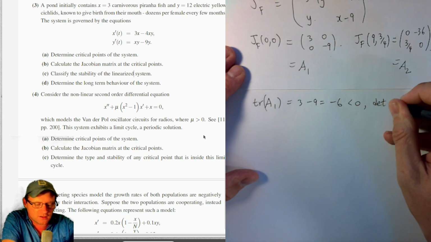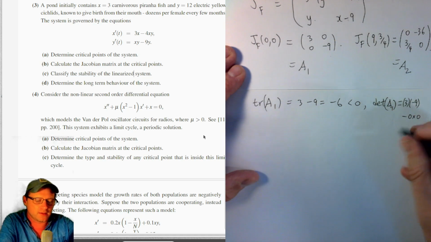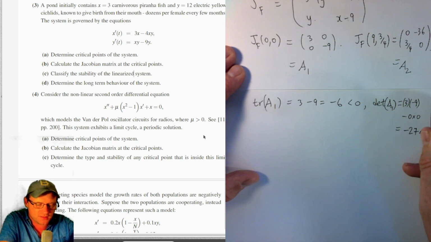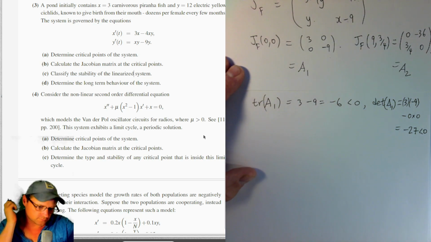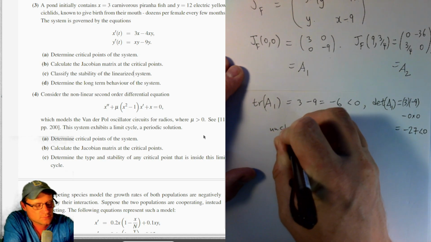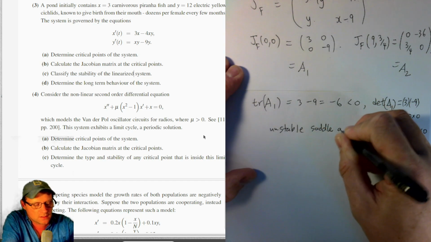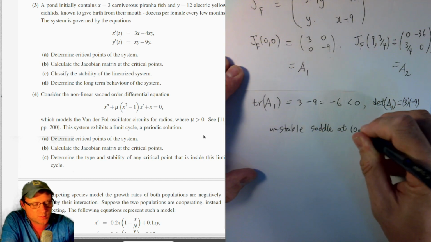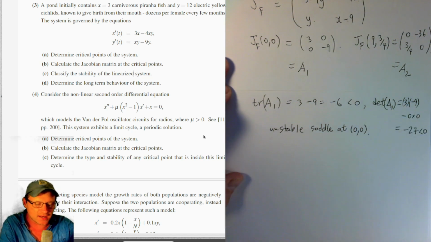The determinant of A1 is 3 times minus 9 minus 0 times 0, so we've got minus 27. That's negative. So we have an unstable saddle at the critical point (0, 0).